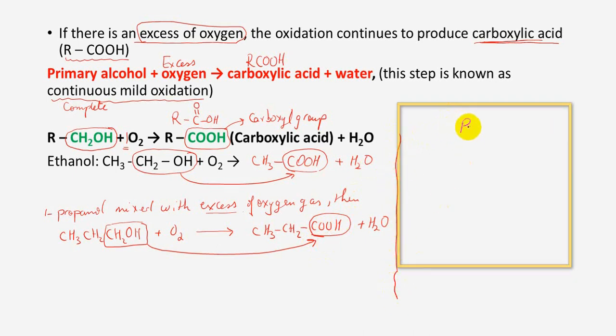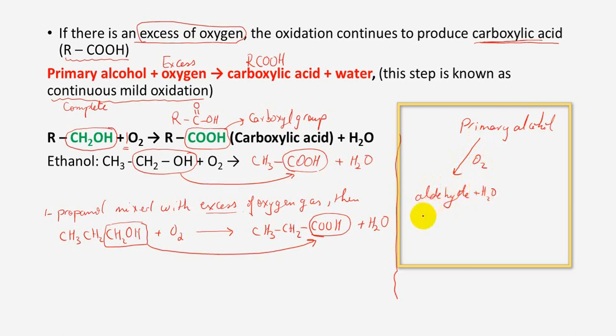If we have a primary alcohol in the presence of oxygen gas O2, it is changed into aldehyde. This is the product obtained, in addition to water.